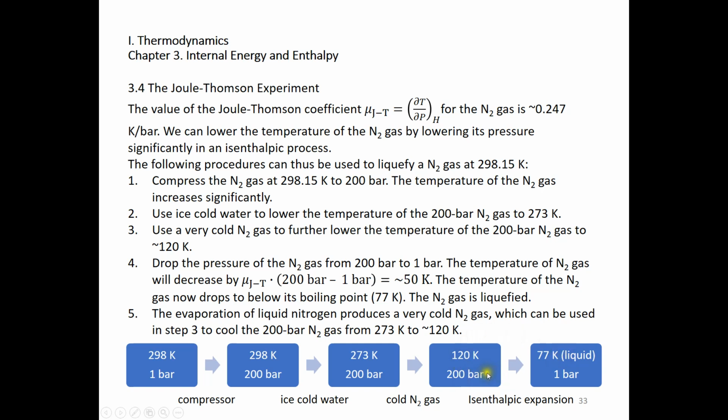The final step is the Joule-Thomson experiment, the so-called isenthalpic expansion of the real gas. When the pressure drops, its temperature drops, and the temperature change divided by the pressure change for nitrogen is 0.247 Kelvin per bar. So going from here to here, we can make the temperature of this nitrogen gas below its boiling point, and then we have liquid nitrogen.